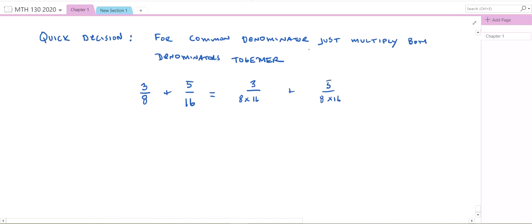And I need to make more room here, I guess. If I multiply the denominator here by 16, then I also have to multiply the numerator here by 16.